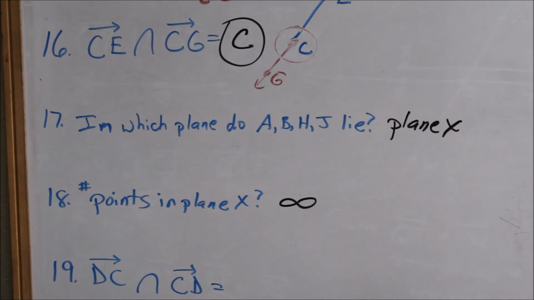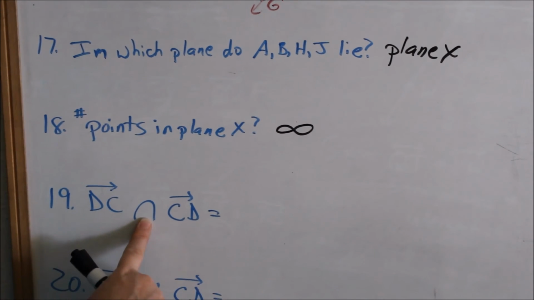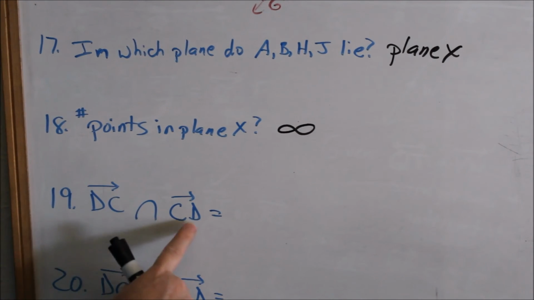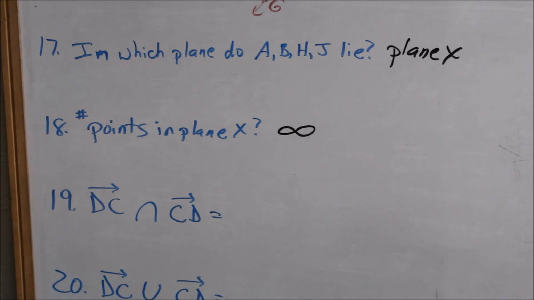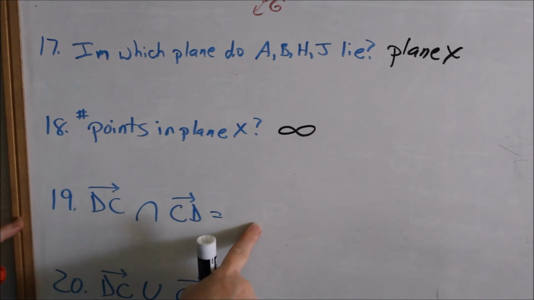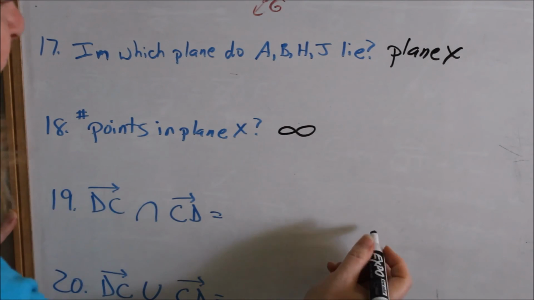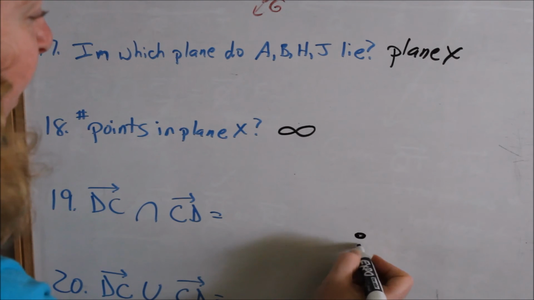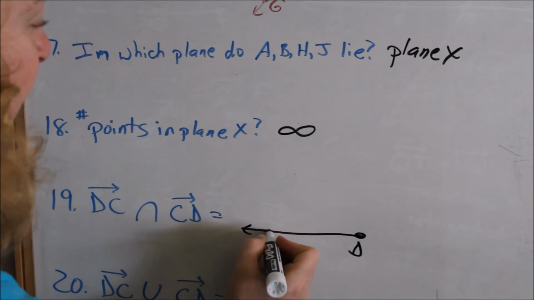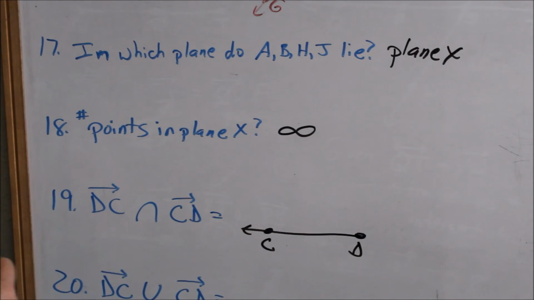Look at number 19. We want intersection. The intersection of ray DC and ray CD. Intersections, it's important to do two different colors. So DC. In our picture, here's D, and we go towards C. There's that.